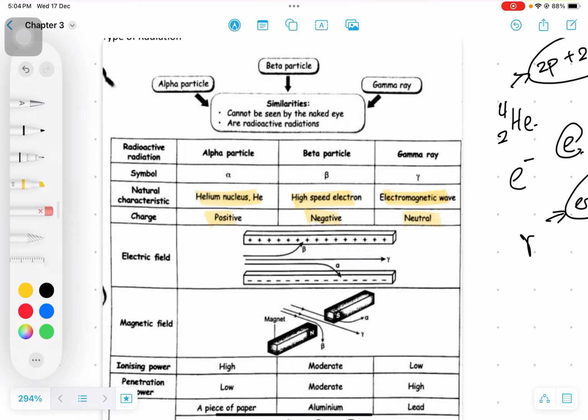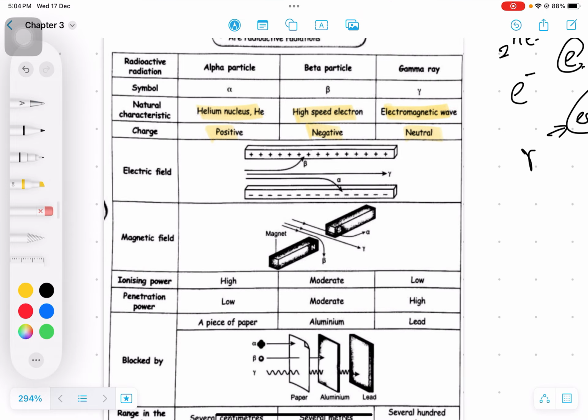Okay, what about the magnetic field? How does the magnetic field affect the radiation? North and South over here, with positive, negative, and neutral. Gamma is neutral, so it doesn't change.